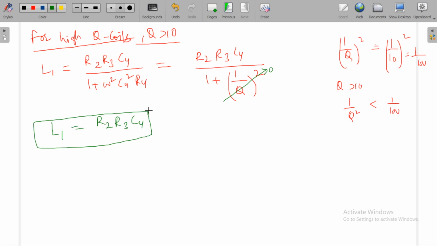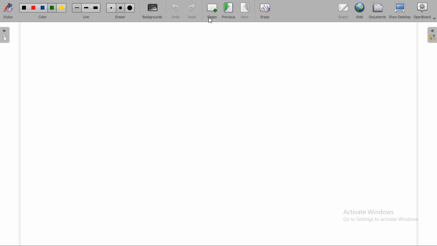This expression is the same as the expression for inductance for a Maxwell's bridge. For Q greater than 10, you're going to get this expression for inductance.